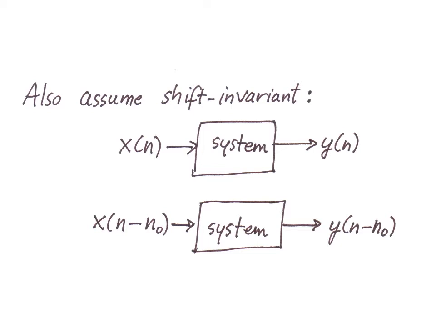So that means the system behaves the same way. It's not that we're demonstrating this by shifting the signal. So we're saying the system behaves, it's invariant in its response to the shifts of the signal. So we say shift invariant behavior.